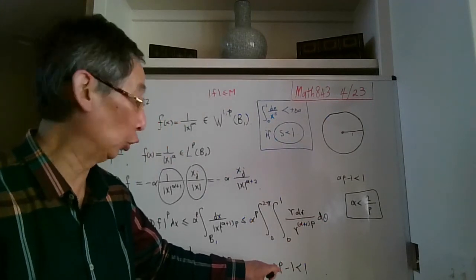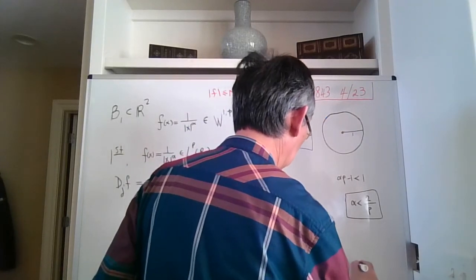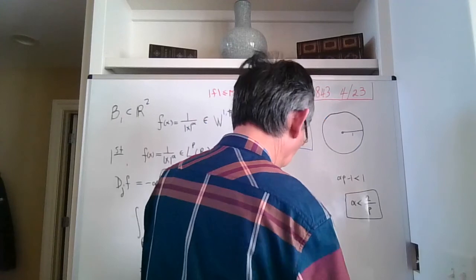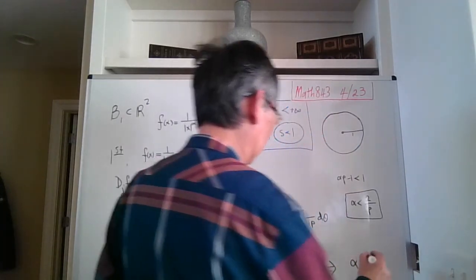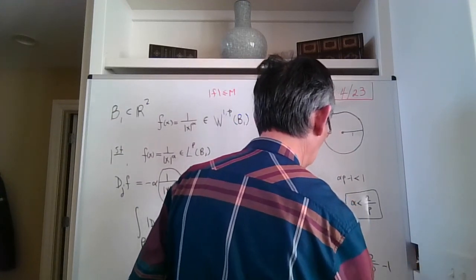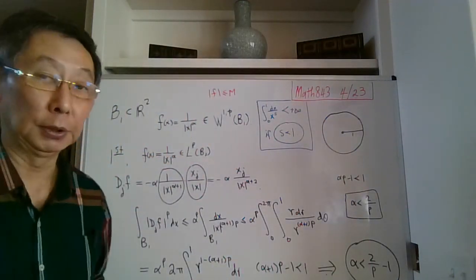So you move that additional 1 to the right side. So this condition means alpha is less than what? Less than 2p minus 1.